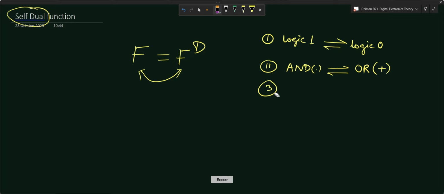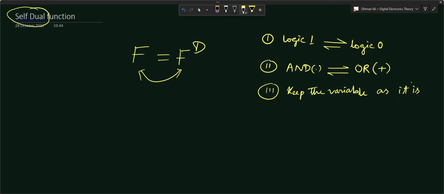In the third step, we keep the variables as they are. So what are the variables present in any given expression? It may have one variable, or two variables, or sometimes three variables, sometimes four variables also. We can have an unlimited number of variables. So keep the variables as they are.